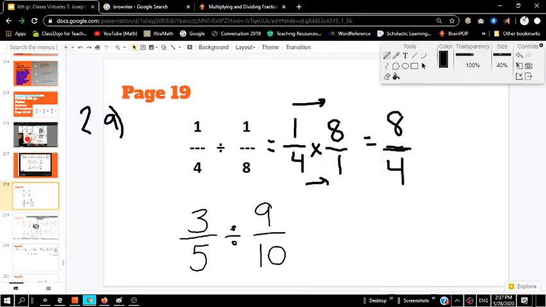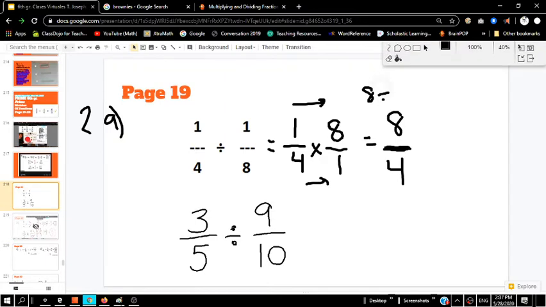Now right away you can probably notice that we have a whole number hidden inside of that fraction. And 8/4 is the same thing as 8 divided by 4. It's just a division problem, right? Any fraction is really just a division problem. 8 divided by 4 is 2. So our final answer is 2.